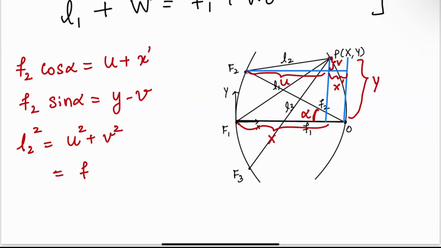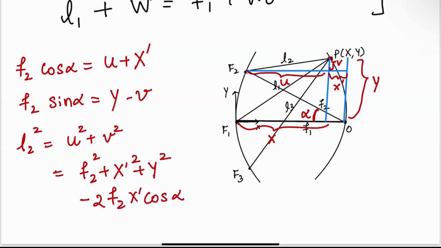And that'll give me F2 square plus X prime square plus Y square minus 2 F2 X prime cosine alpha minus 2 F2 Y sine alpha.